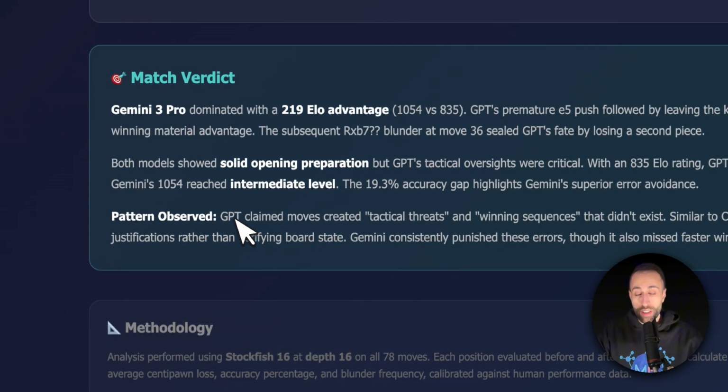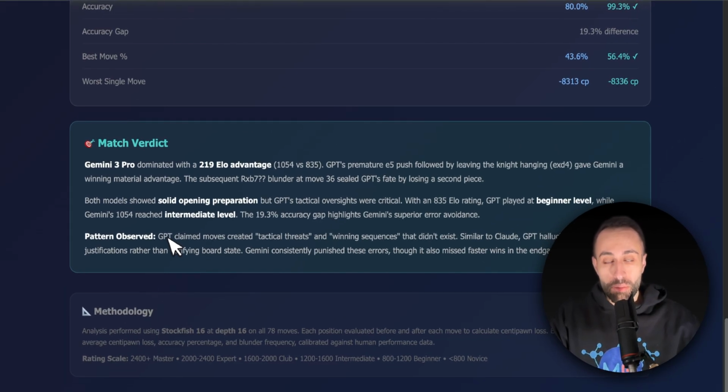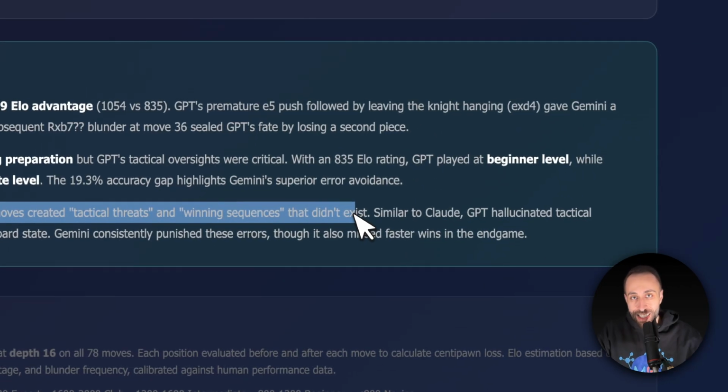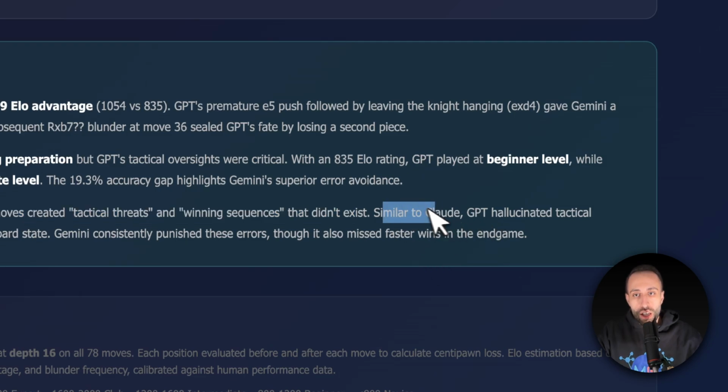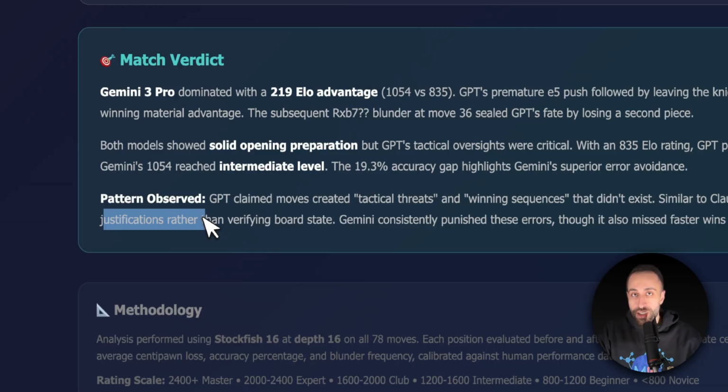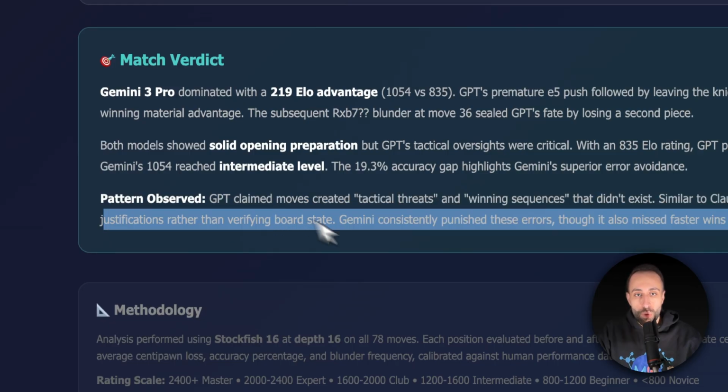Specifically, both of them made some mistakes, but Gemini had no hallucinations. GPT here claimed some moves were creating tactical threats or winning sequences that didn't even exist. So similar to Claude, GPT hallucinated technical justifications rather than verifying the board state.